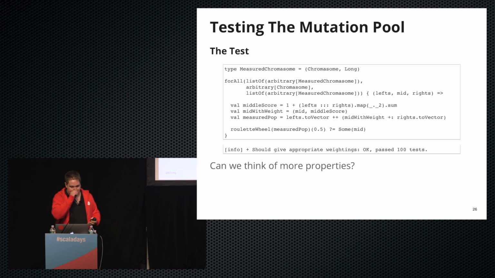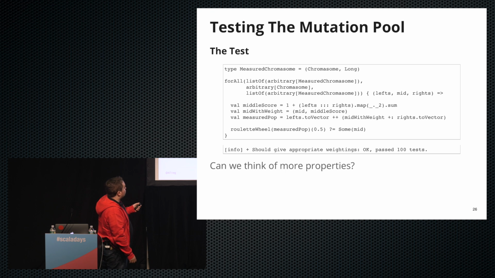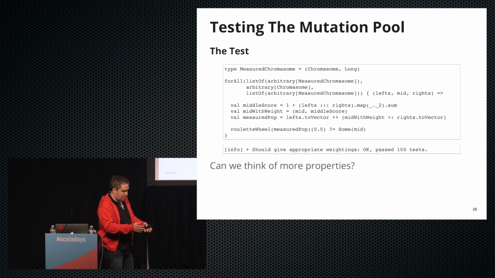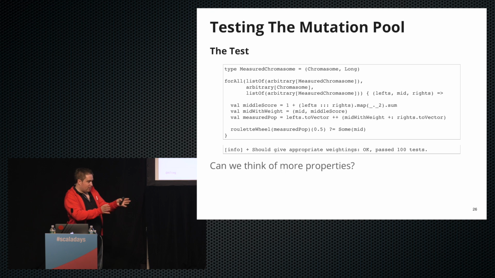And then the nice thing with ScalaCheck is that this will test for an empty list on the left, an empty list on the right, lots of different permutations. So it's not always going to be the middle of a certain collection. There'll be times where it's the first element, times where it's 6 or 7 before it, and things like that.